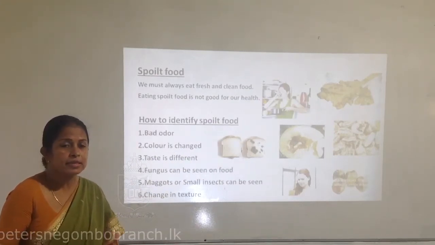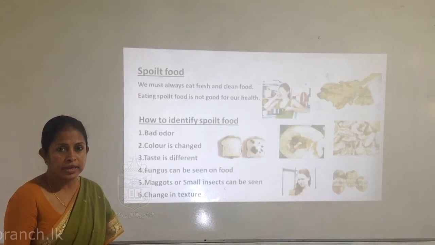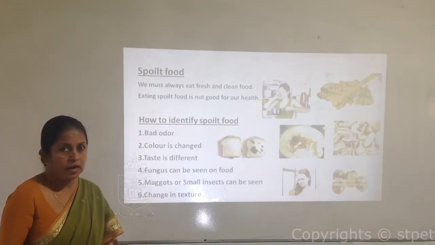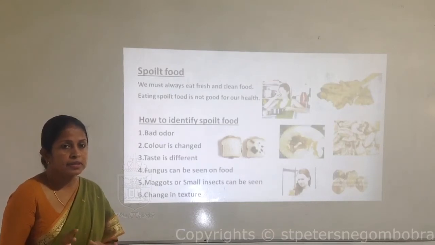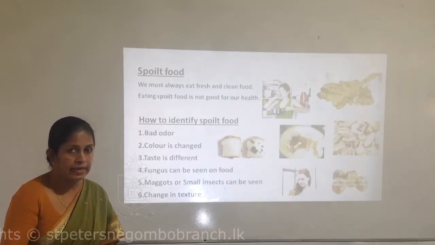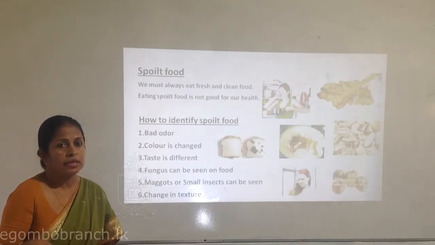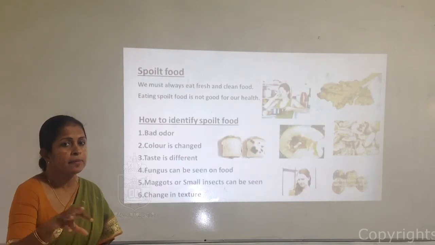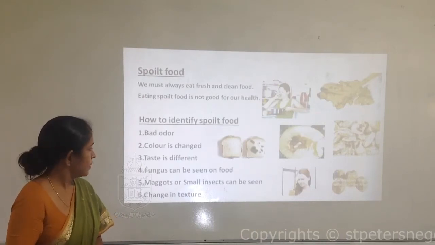Sometimes we can see it like gray, green. It comes with yellow color, and red. Fungus has different colors. So if there is any color on the food, we can't eat. That means it's a fungus.